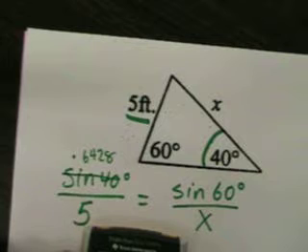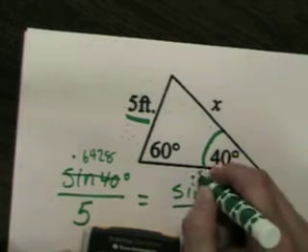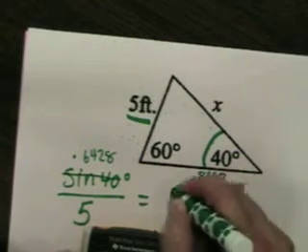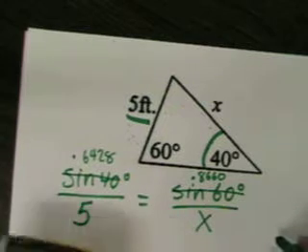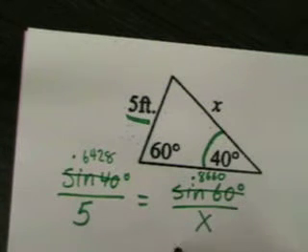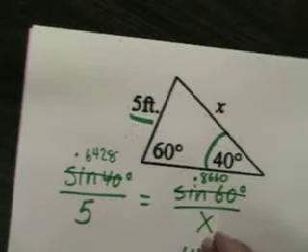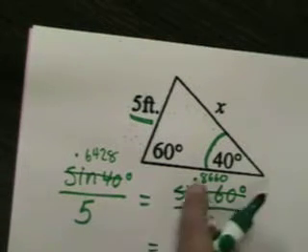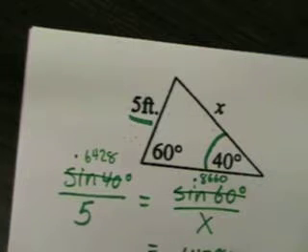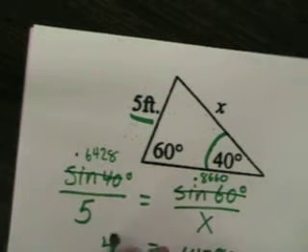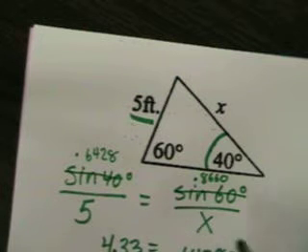Now, the sine of 60 degrees is 0.8660. Cross multiply: 0.6428x equals those two times, and that gives me 4.33.